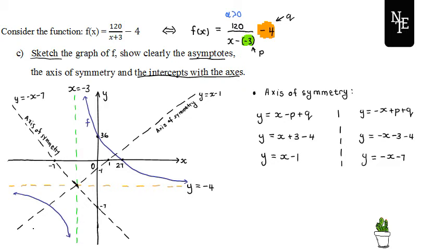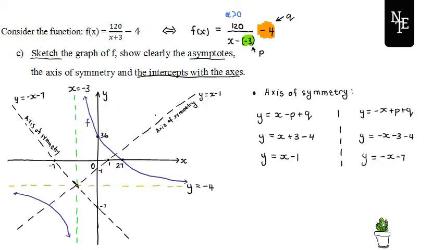Right. Notice that the axes of symmetry always intersect over here where the asymptotes intersect, right? So that point is the point (-3, -4).